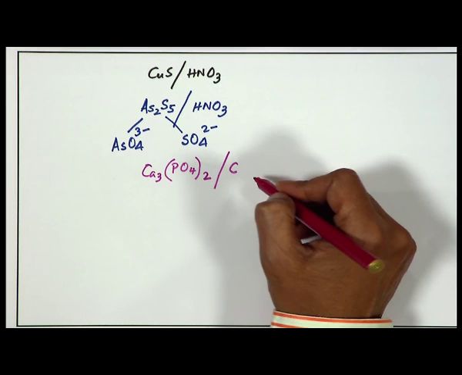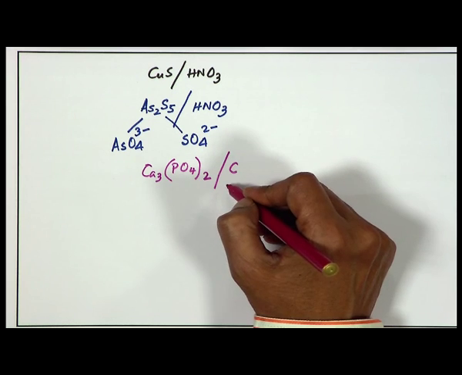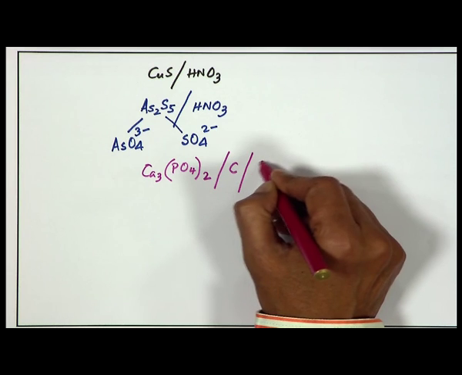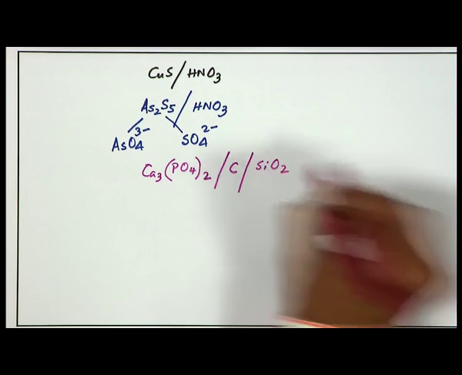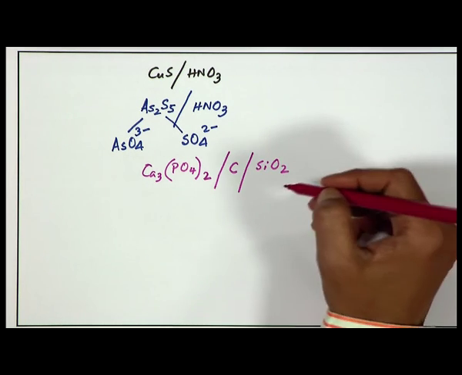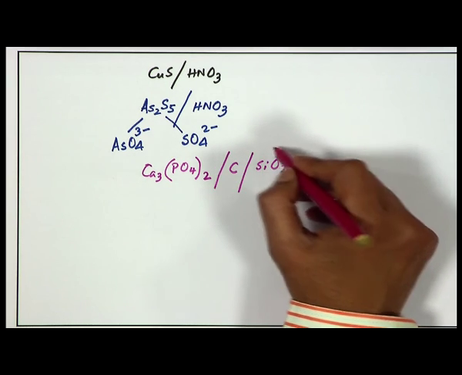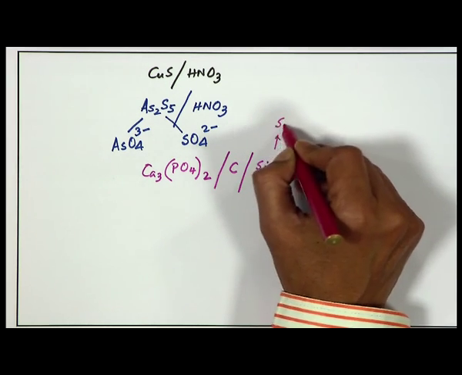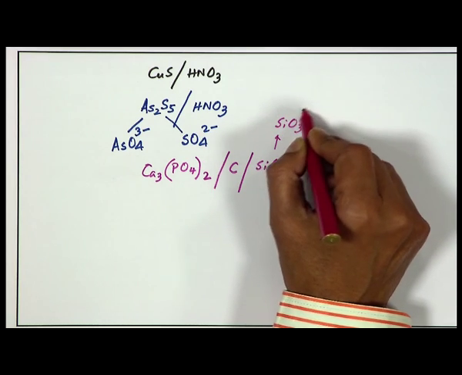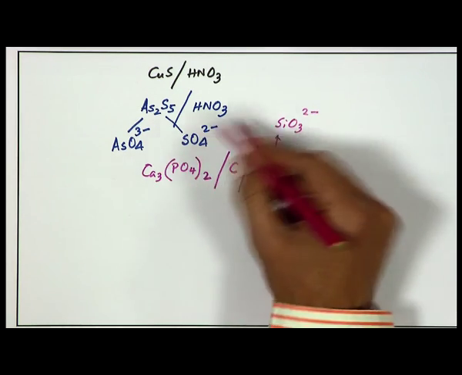So, that is the reduction process, and carbon is the reductant, in presence of SiO2, where the silica is converted to silicate to take out some species from this reaction condition.